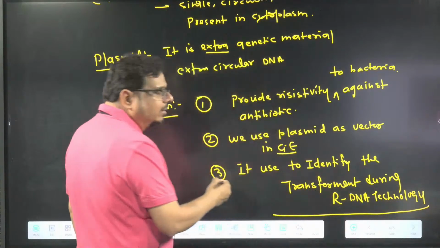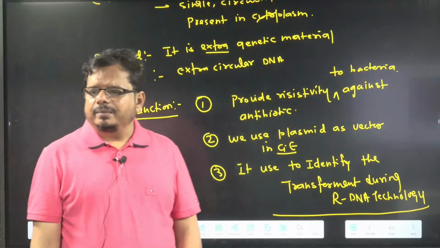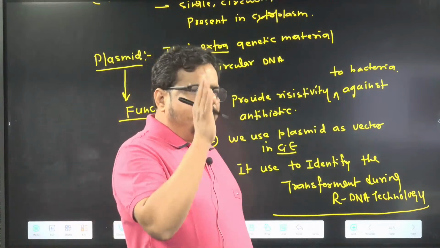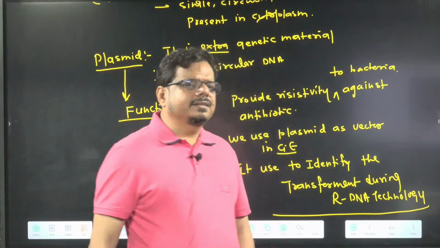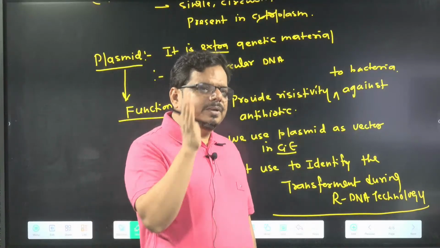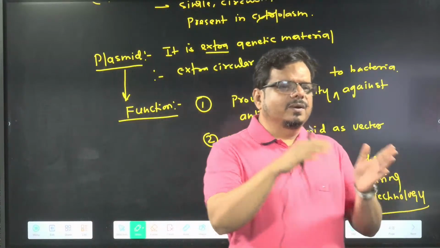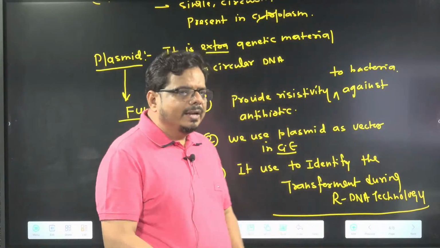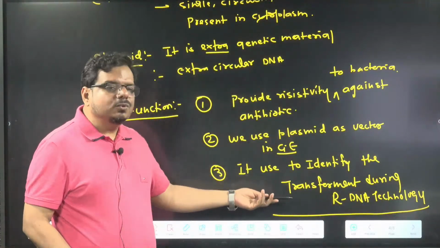Now, see, it is a long-term batch, so you can understand it well. In biotechnology, we study ampicillin gene, tetracycline resistance gene. So these are going to help us to differentiate between transformant, non-transformant, recombinant, non-recombinant. So I wrote these lines. NCERT also wrote this.